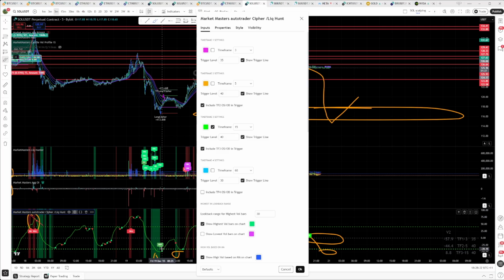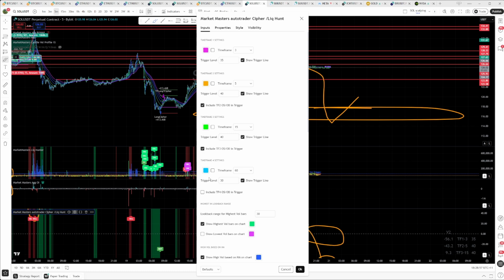Once you get that, it then looks for the previous high volume candles, looks for the recently oversold or overbought, and makes sure all the others are down in this region as well. If you don't want them on your screen to mess up your chart, you can basically turn them off like this, and you'll have nothing on there. You can just get one on there if you're only really caring about the one.